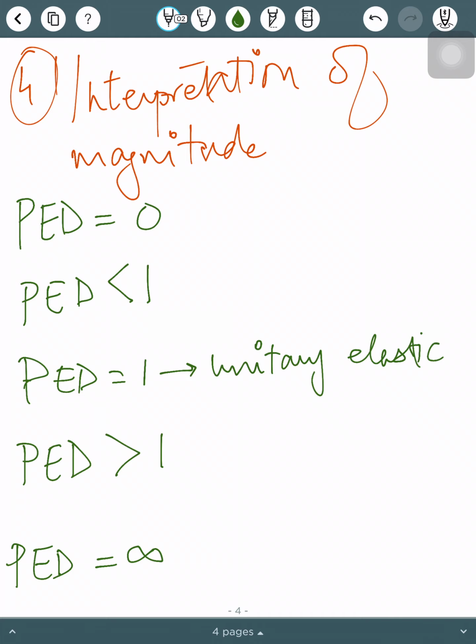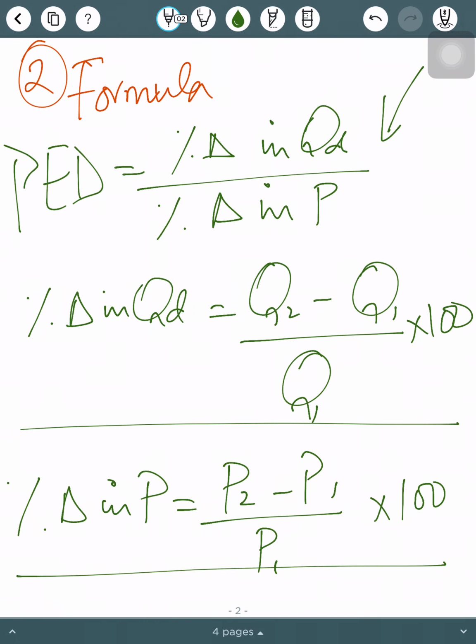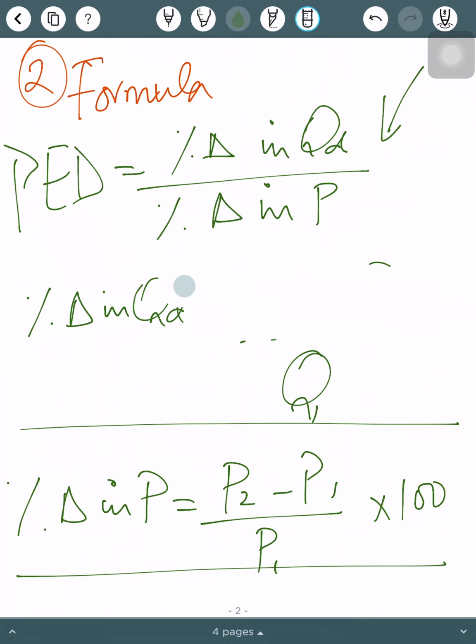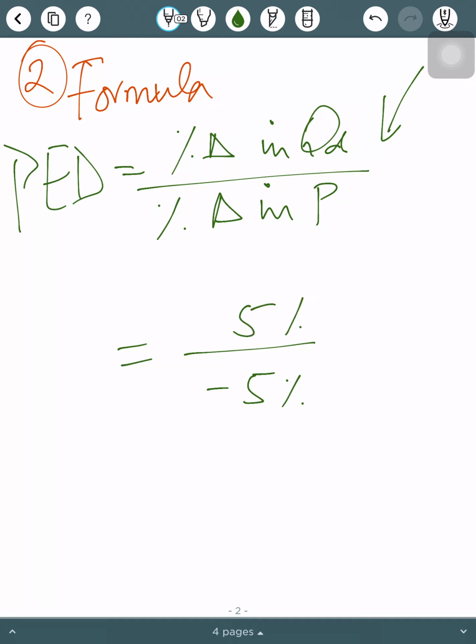When do we get the value of 1, or the PED equals 1? When the percentage change in quantity demanded is equal to the percentage change in price. Only then we will get the answer 1. For example, for a product, if its price declines by 5% and as a result its quantity demanded rises by 5%, the answer will be 1.